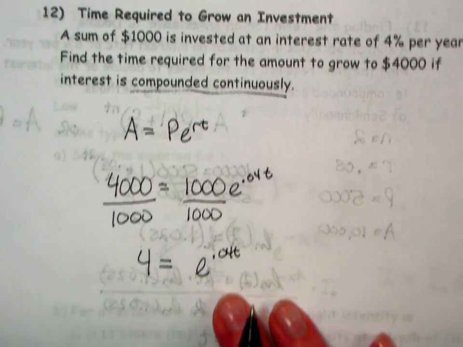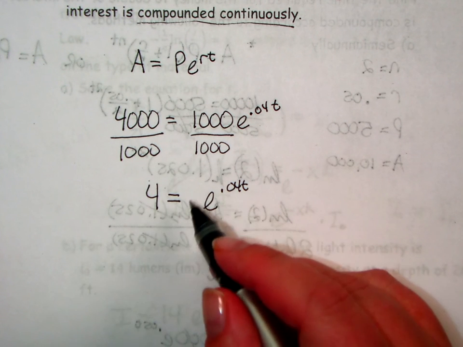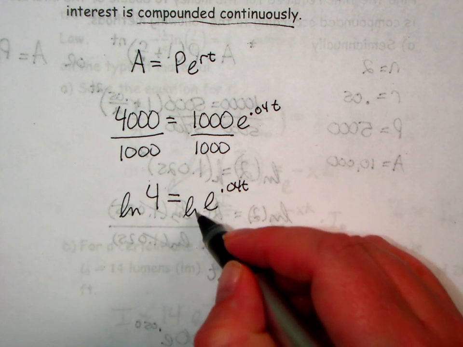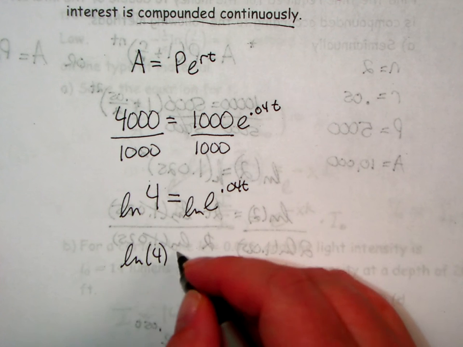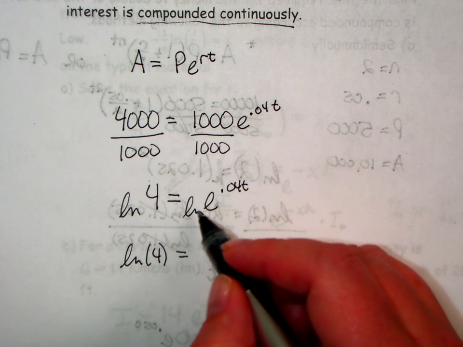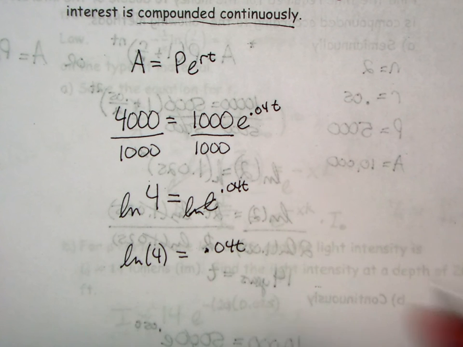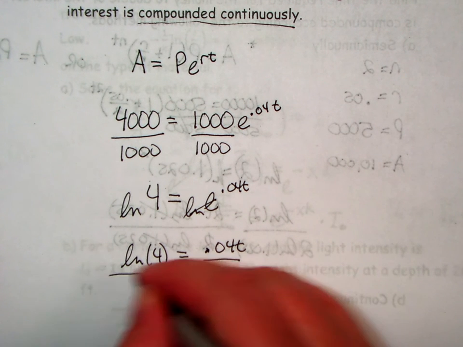So I have an exponential equation here. I want to solve for t. So I need to bring this down, or cancel the base. So ln, we'll do both of those, right? So on the left-hand side, I have ln of 4. On the right-hand side, ln and e will cancel, and I have 0.04t here.